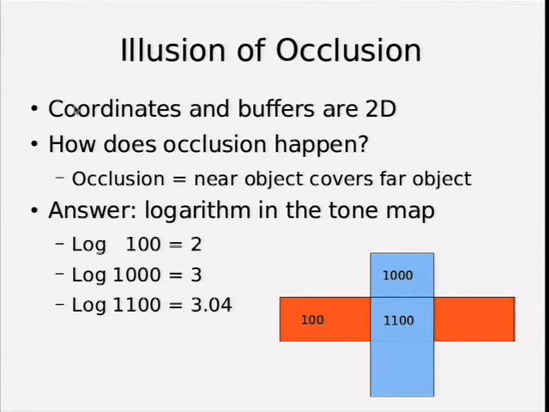So I use the logarithm, and it has this interesting property that say you have 2 parts of the fractal, one with a density of 100 in orange and the other one with a density of 1,000, which I drew in blue. The place where they cross has a density of 1,100, but the logarithm of 1,100 is only slightly greater than the logarithm of 1,000.